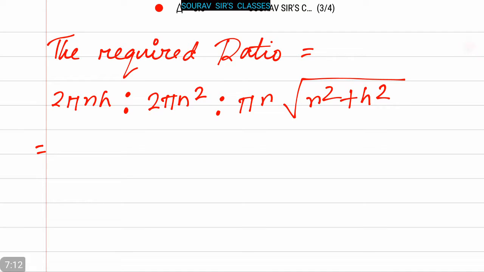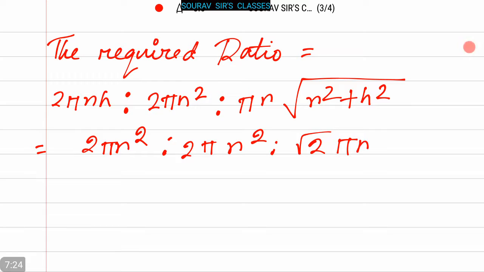Now from this we can write 2 pi r square is to 2 pi r square is to root over 2 pi r square, because we are considering here h is equals to r.